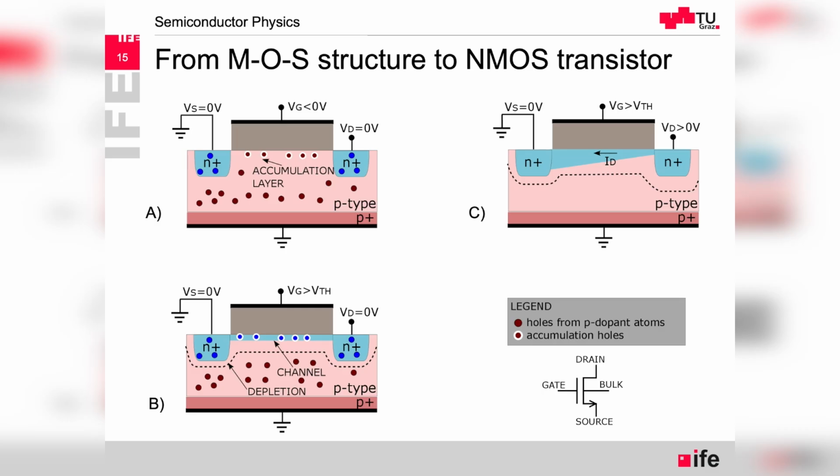And then the interesting thing that happens is when we observe the charge under the gate at the conditions where we apply voltage between gate and source. So what we can see is that the voltage between gate and source is such that the source is biased at the same potential as the substrate.